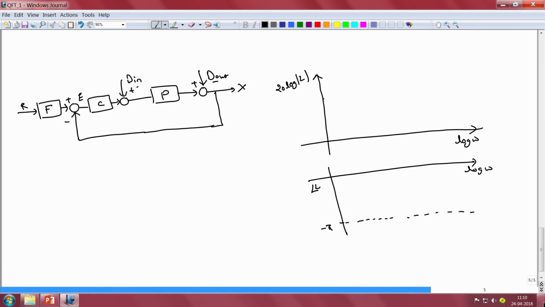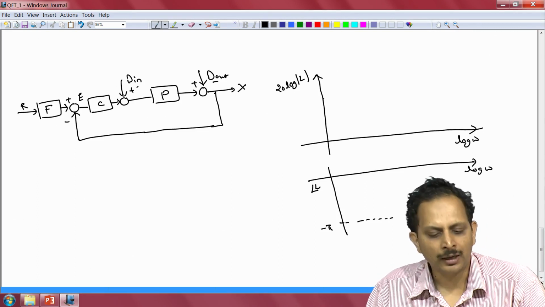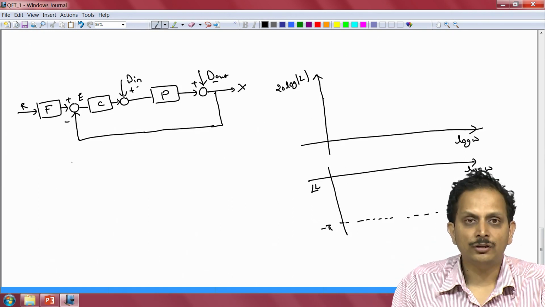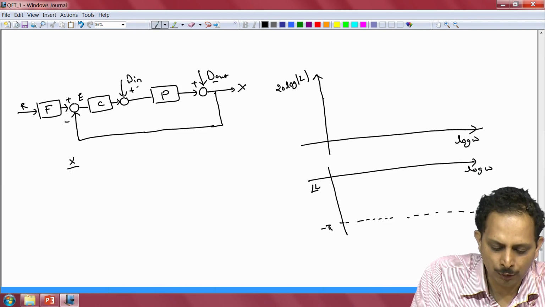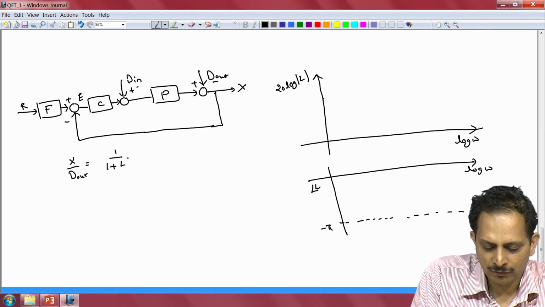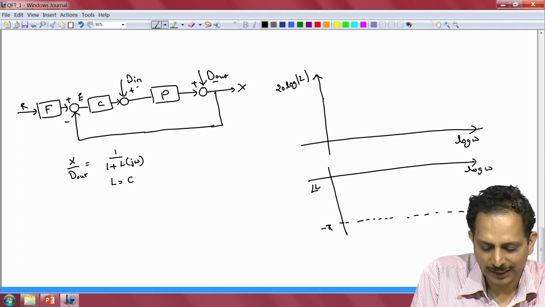Now, let us take one particular performance specification. For instance, let us say we are interested in output disturbance rejection. The transfer function that relates the output x to the output disturbance d out is given by x by d out equal to 1 by 1 plus L of j omega, where L is equal to C times P of j omega.